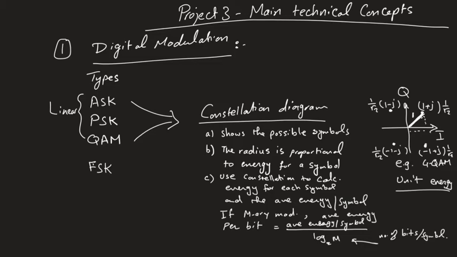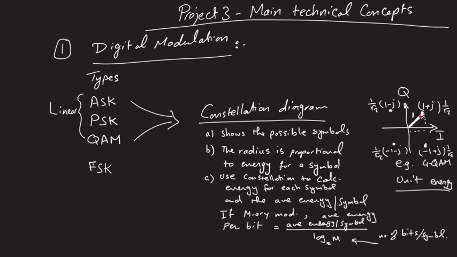And the way to do that, the average energy per bit, is basically to calculate the average energy per symbol and then divide that by the number of bits in any symbol, which is basically log to the modulation index, right? How do you calculate the average energy per symbol? You have to calculate the energy for each symbol, add all of these together from the constellation. The energy is simply going to be the square of the length for that symbol.